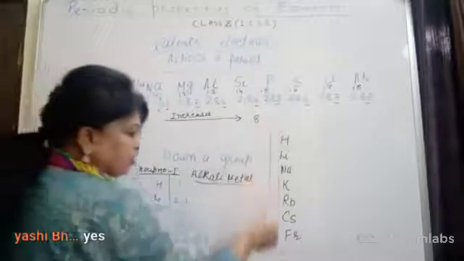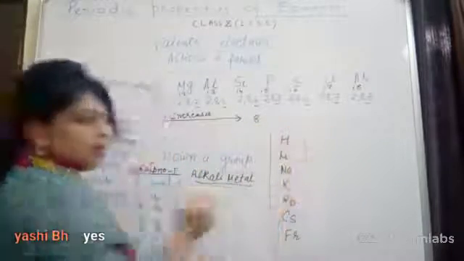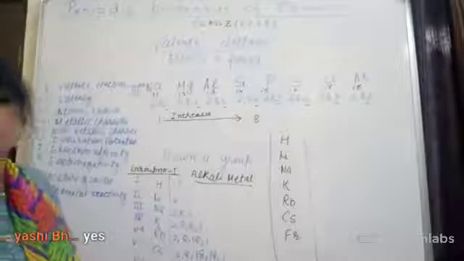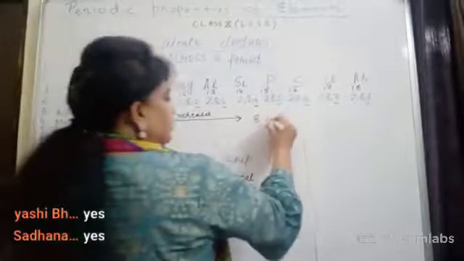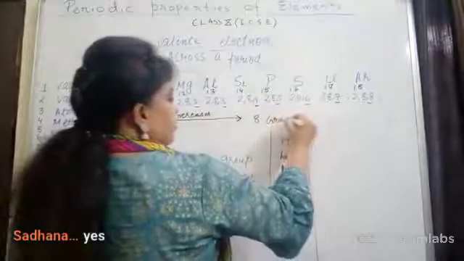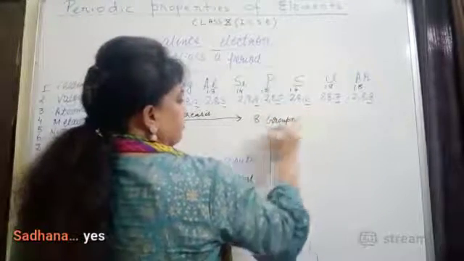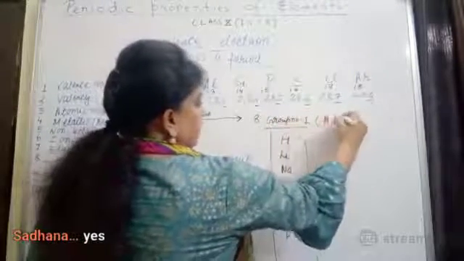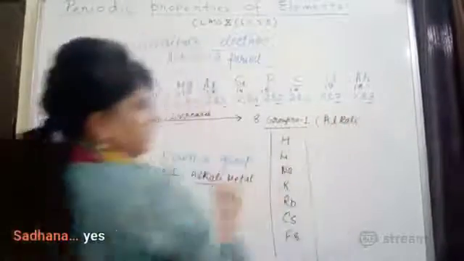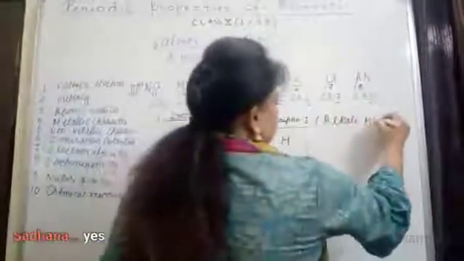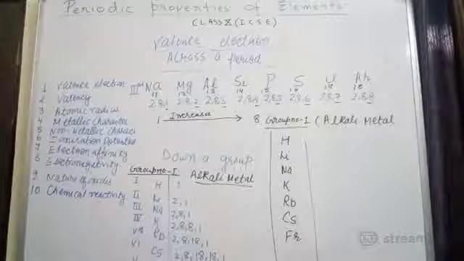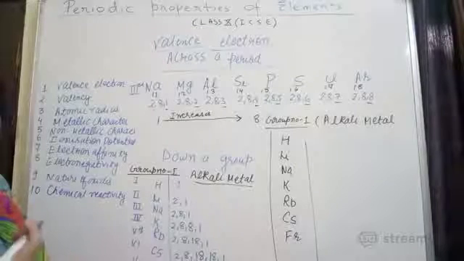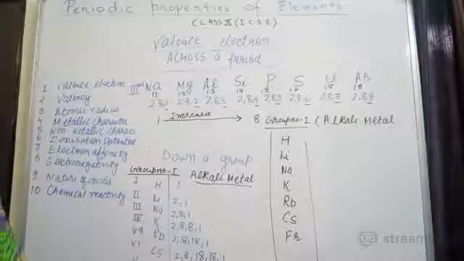This group is also known as the alkali metal group. What is the name of this group? Alkali metal group.